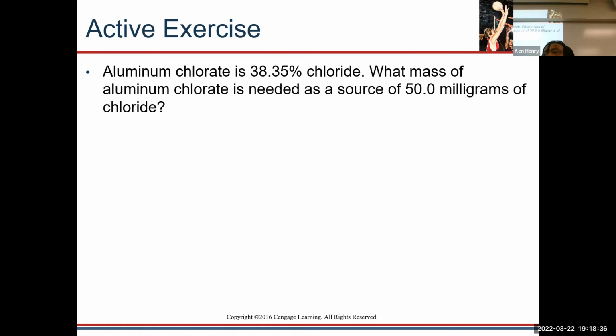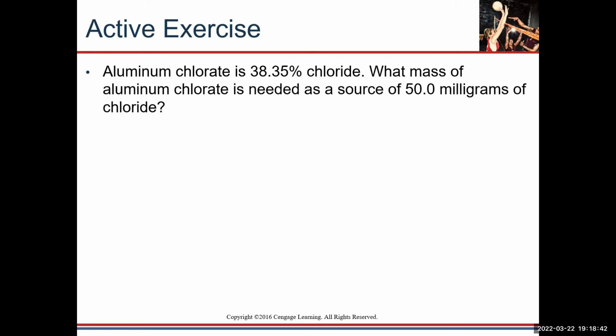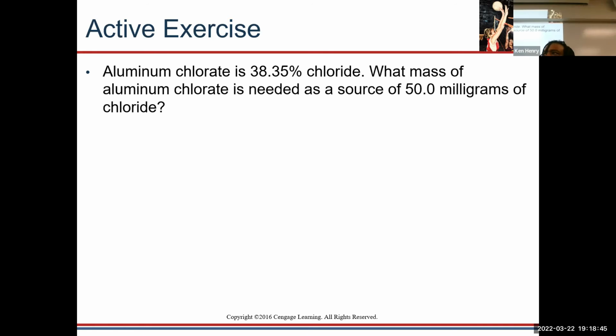Okay, so how would I start off with this? My givens, right? Let's figure out what our givens are actually telling us. If we're talking about percentage, we always assume that's based upon the total amount, which is 100%.